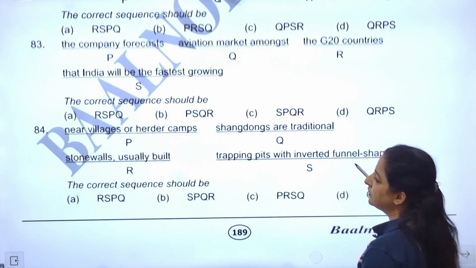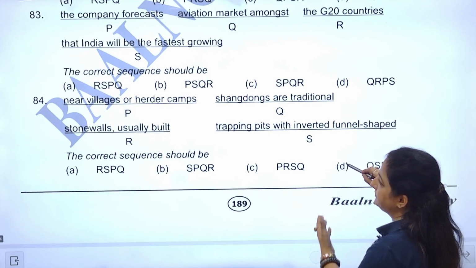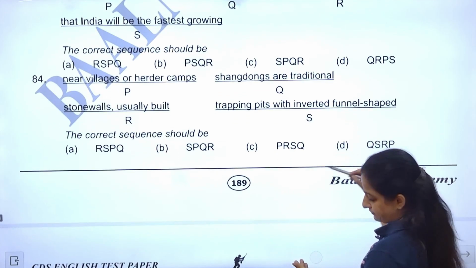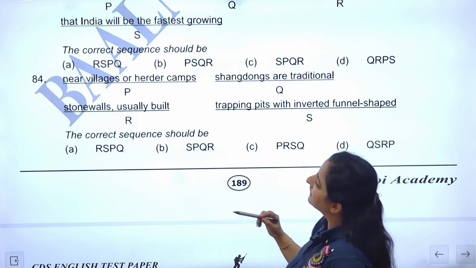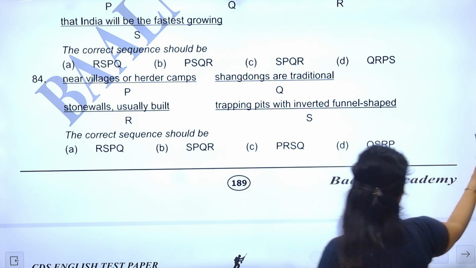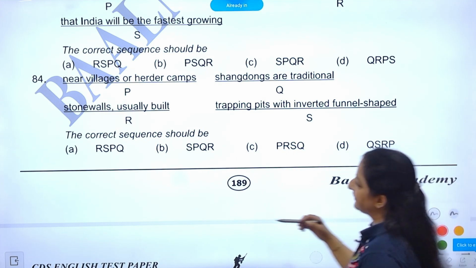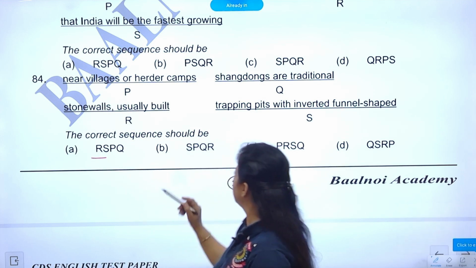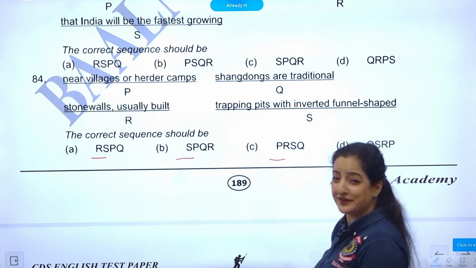Let's do question 84. Let's read the options. R, then again, beginning with R, S, T, wow, all 4 are available.